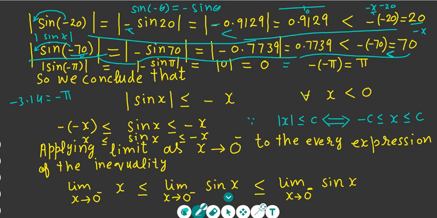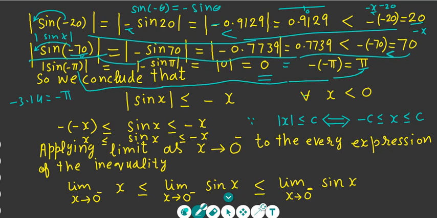We take minus x will be pi. So in this case there is an equal relationship between sine of x and x, sine of x will become equal to x.